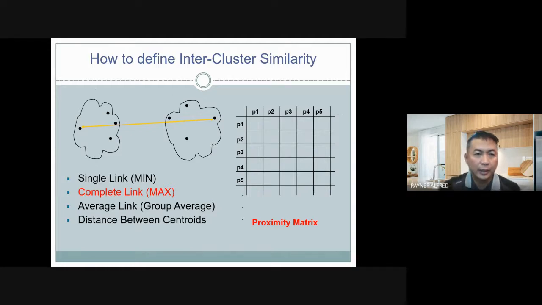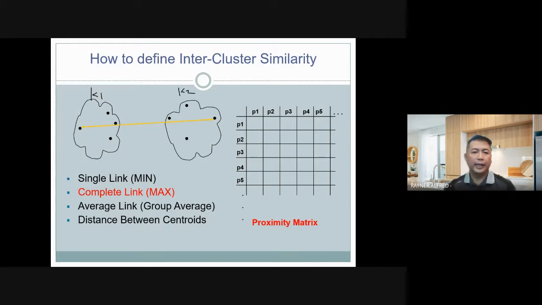Okay, so this is cluster 1, this is cluster 2, and each of the dots here is assumed to be a document. So in K1 we have 4 documents, in K2 we have 4 documents.